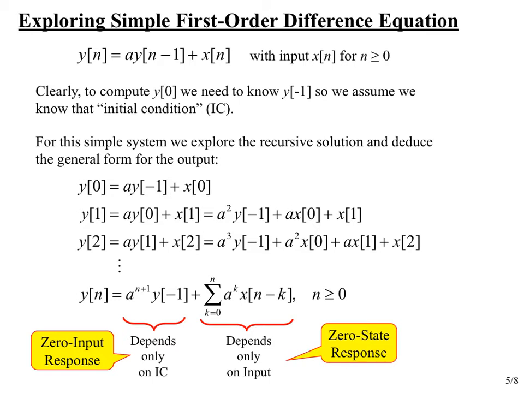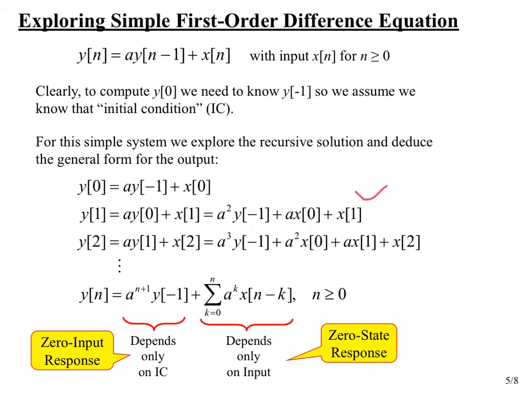So we plug this in for y of 0, multiply through by the a, and so you can see that we get an a times an a, and that gives us this a squared. We get an a times the x0, and that gives us this term. So all of that stuff we can see is actually coming to bear. And if we work all that out, we end up getting something that looks like this for y of 1.